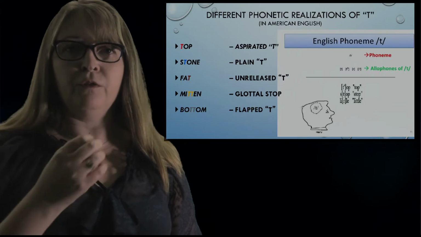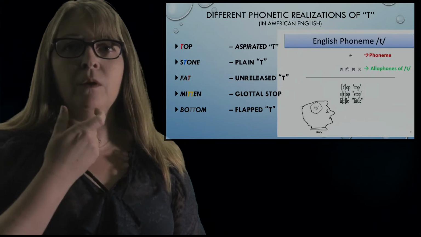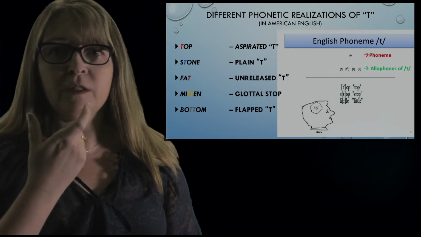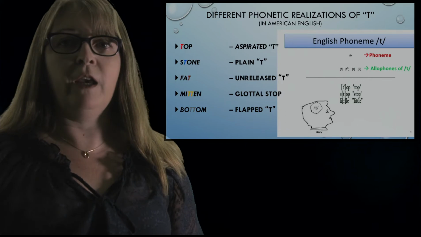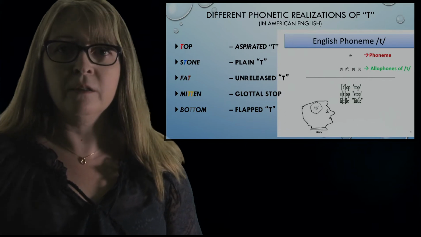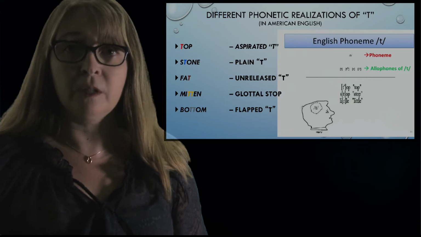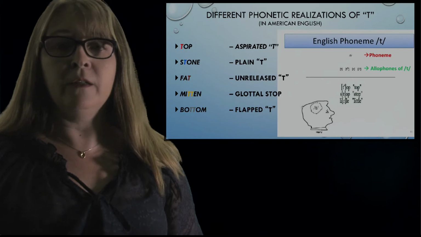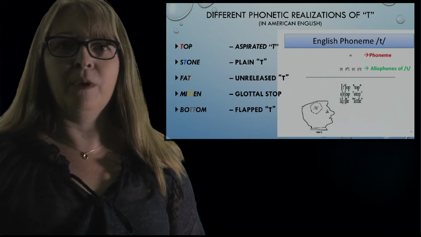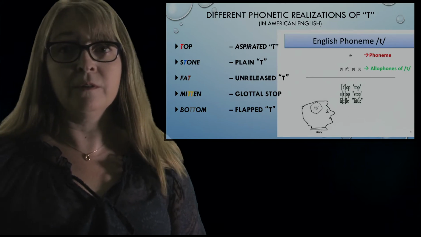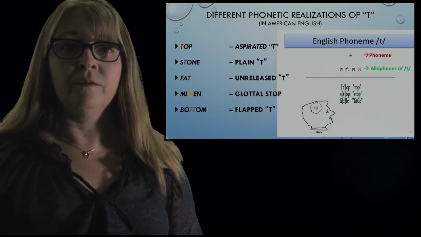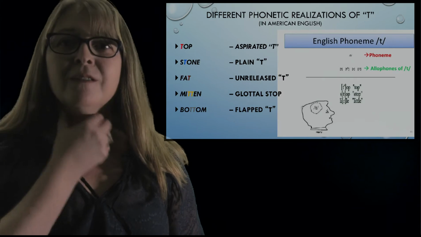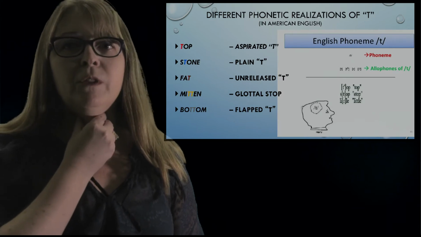There are different phonetic realizations of the T in American English. So we have the aspirated t, top. The plain T, stone. Fat, it's unreleased, right? It's back there. You don't even release it.